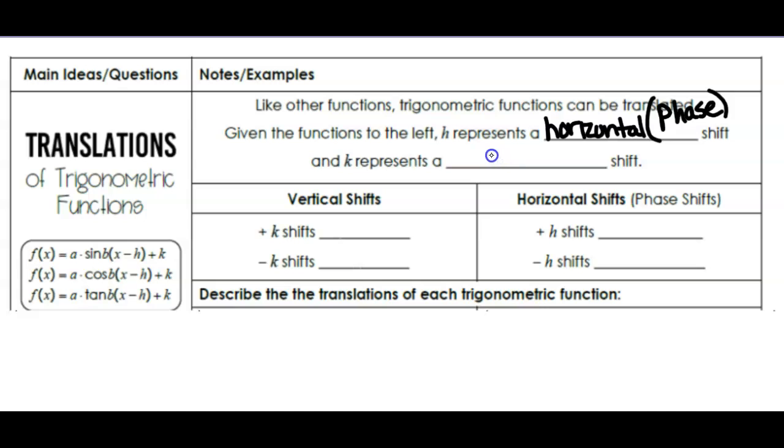And K represents a vertical shift, up or down. So K would be a shift up. If it's negative, it's down.